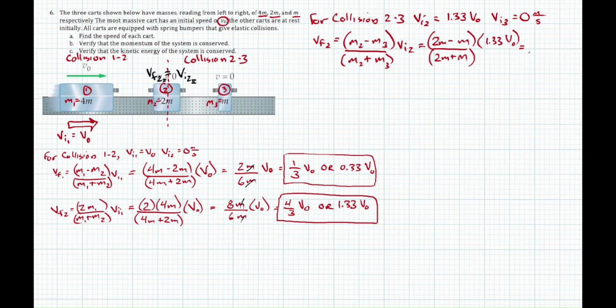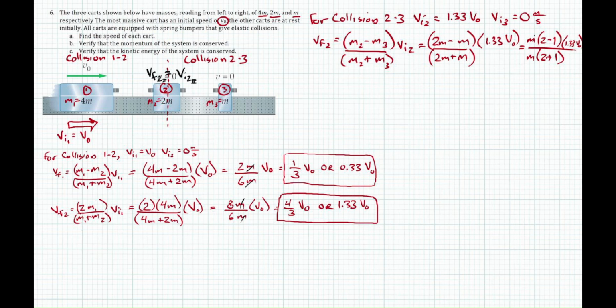Let's simplify these out. Let's factor out the m's here. m times (2 minus 1) times 1.33 VO, over m times (2 plus 1).